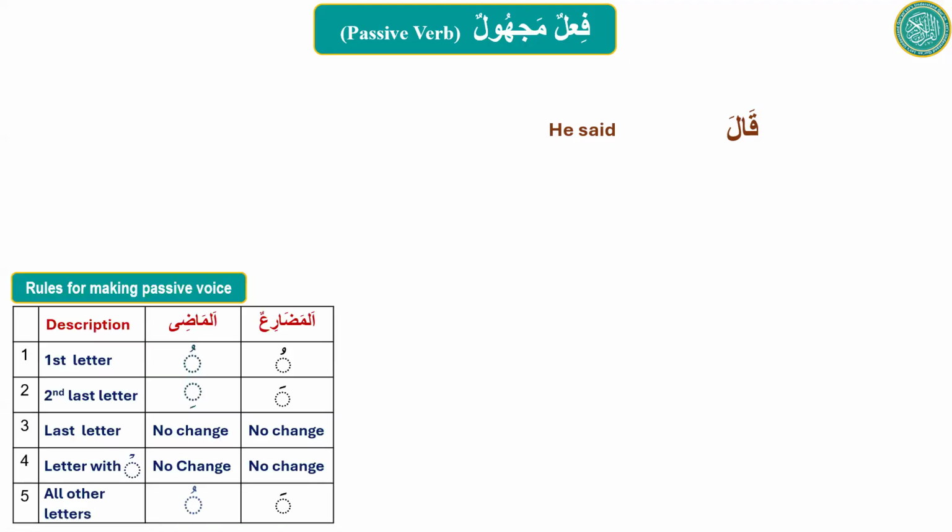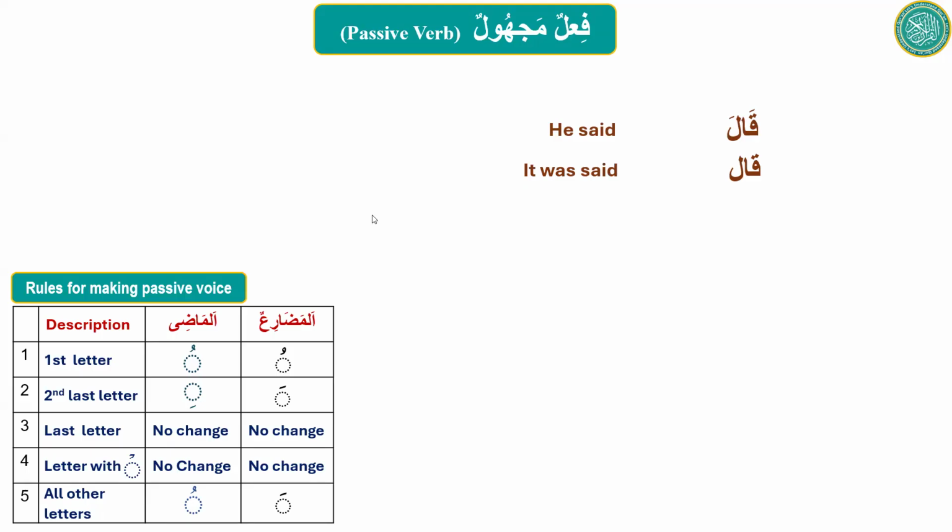Okay, Brother Farrukh raised his hand. So Brother Farrukh, you know the meaning of qala? He said. Qala means he said. I want to say he was said, or it was said. Using this table, I will have to change qala to passive voice, to fail majhul. Let's do that.